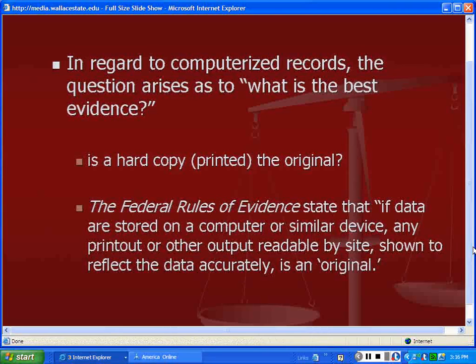And so with electronic records, anytime you hit the print button, you have a new original of the record, and that's what those are saying, that yes, that is considered an original as far as that best evidence rule. And so anytime you have a printed copy, then that is an original of a computerized record.